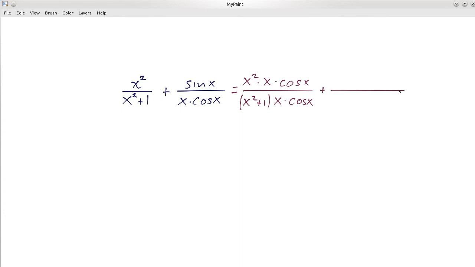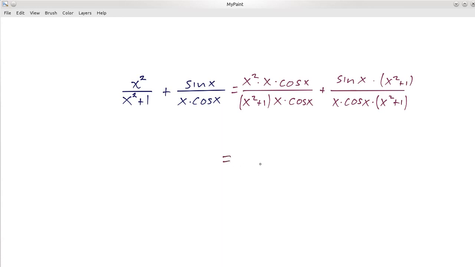My second fraction, my denominator here, I had an x times cosine x, and I'm missing that x squared plus 1 term. So, in parentheses, x squared plus 1. That means I'm going to have to multiply the numerator by x squared plus 1 as well. And of course, I still had my old numerator, sine of x there, and it's a product of those two, so multiply.